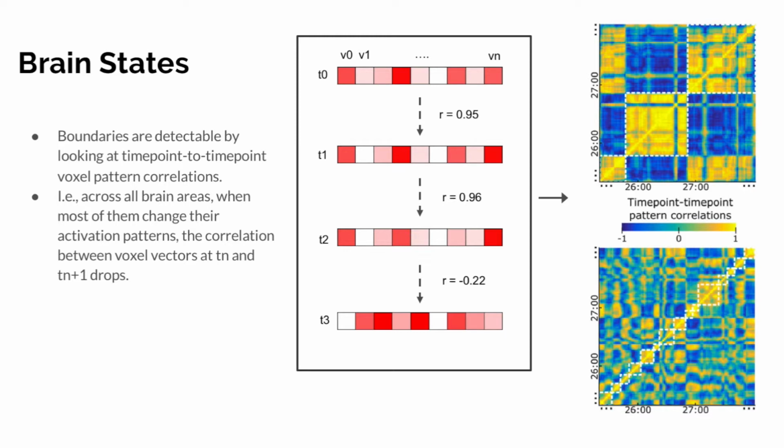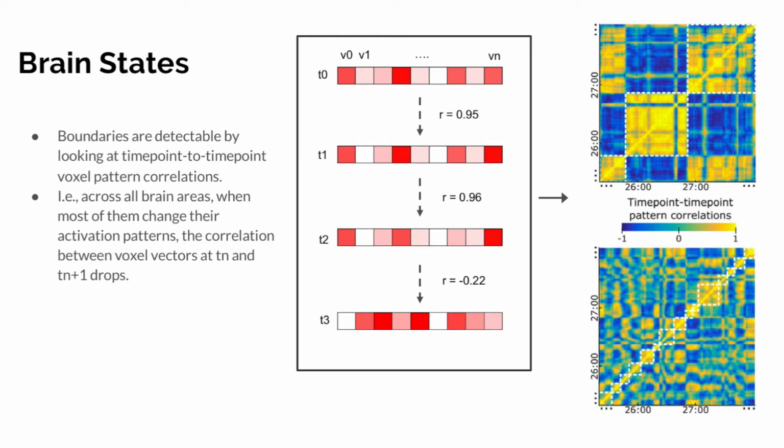Across all our measurements, that means all voxels are in a particular position that is characteristic of this state. So in our data analyses, if we're trying to do state analyses, we can look at this brain state by taking a picture of the brain at one time point and using all the voxels of that brain, or in fNIRS, all the channels, and treating all those channels as one vector. Then take another picture of the brain at time 1, and you have another vector of all your channels, all your voxels in your brain.